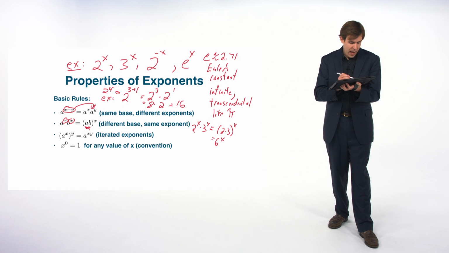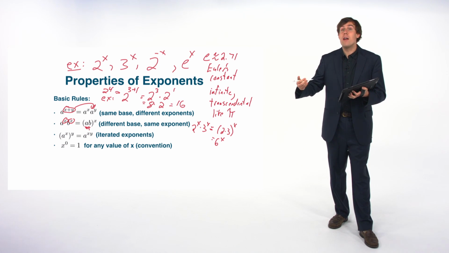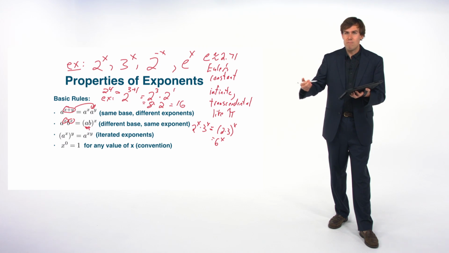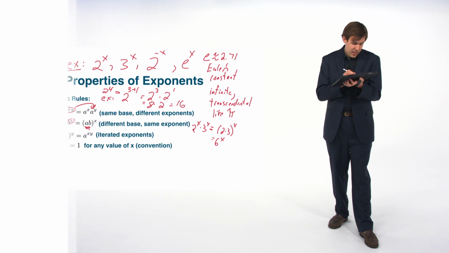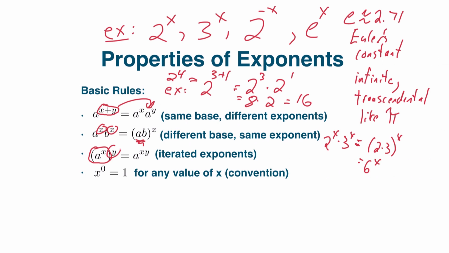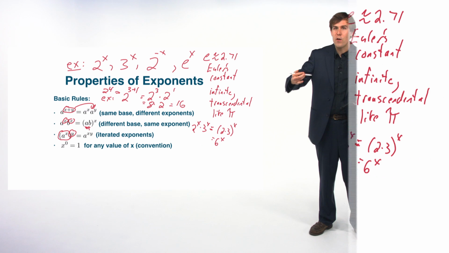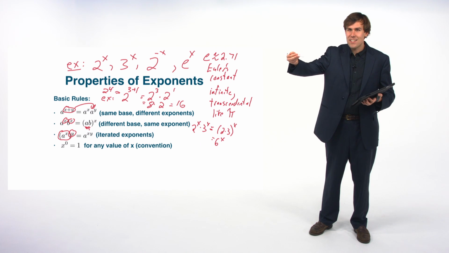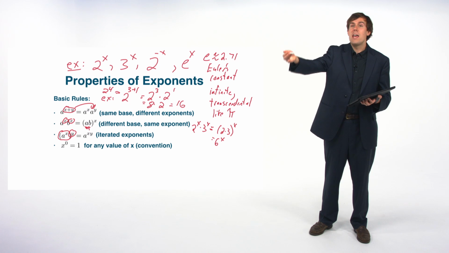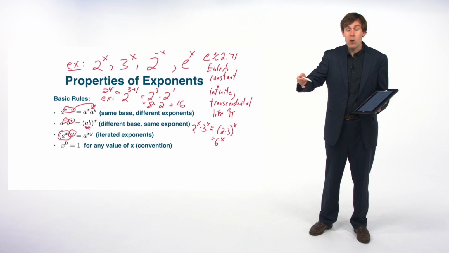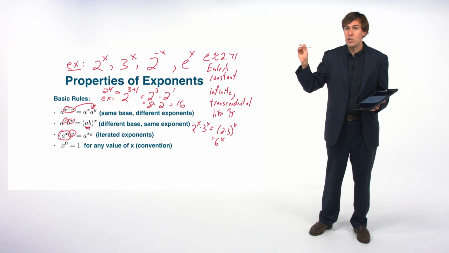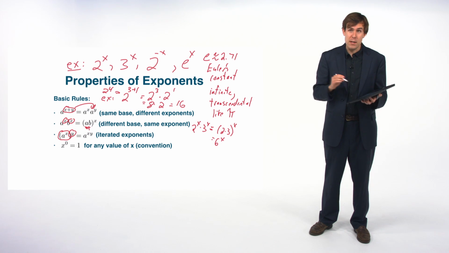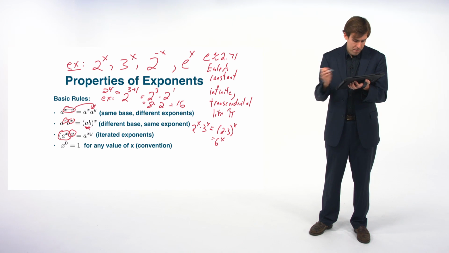Something else we can look at is what's called iterating exponentiation, where I have a to the x and then I raise it to the yth power. I call this iterated exponents because first I hit a with x in the exponent, and then I hit it with y. It turns out it's the same as just exponentiating one time, but what you exponentiate is x times y.